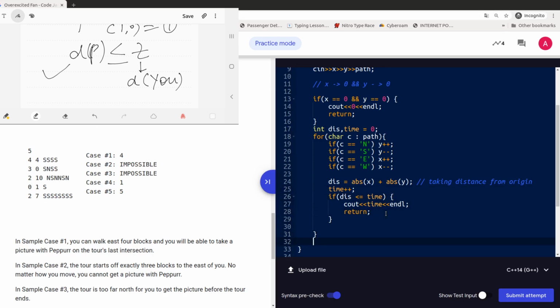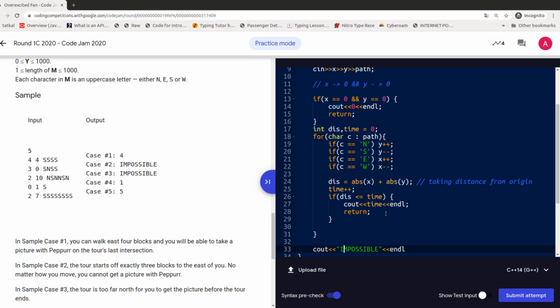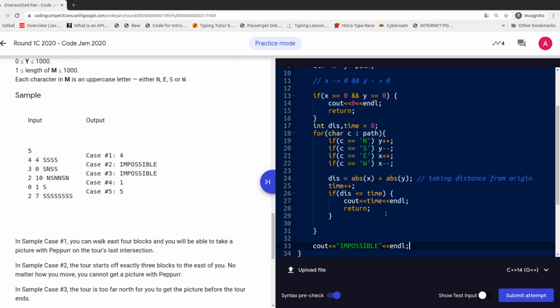If this situation never happens, then we can say that it is impossible to reach the solution.